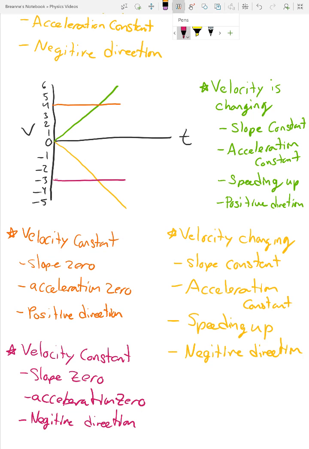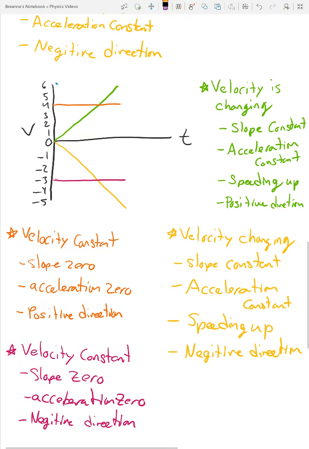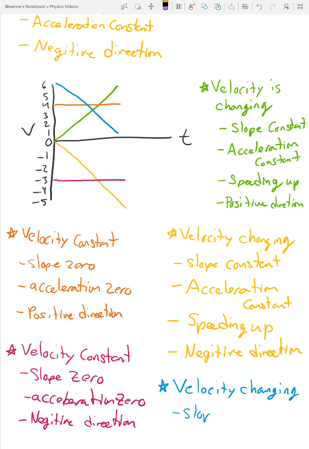Two more lines to look at, then we'll be done. Our second to last line would be the blue line. Our velocity is changing because the numbers are changing. So therefore our slope is constant. Our slope is constant means our acceleration is constant.